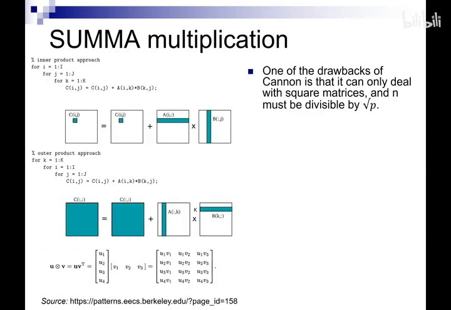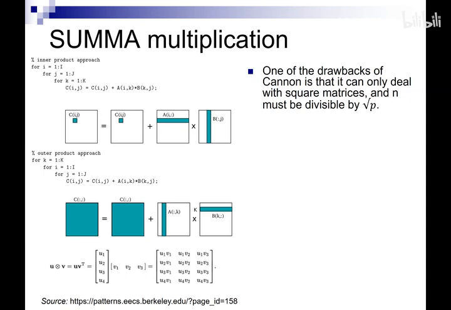Next we're going to talk about another matrix multiplication algorithm. This is an improvement on Cannon's algorithm. One problem with Cannon's algorithm is that you can only run this for square matrices.